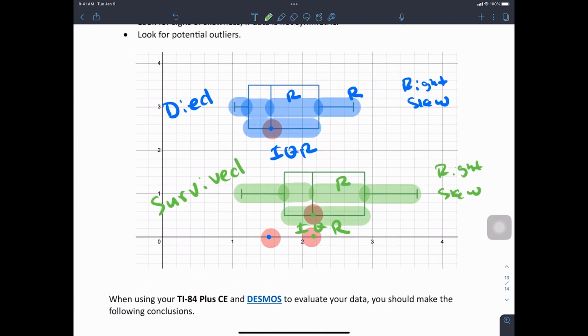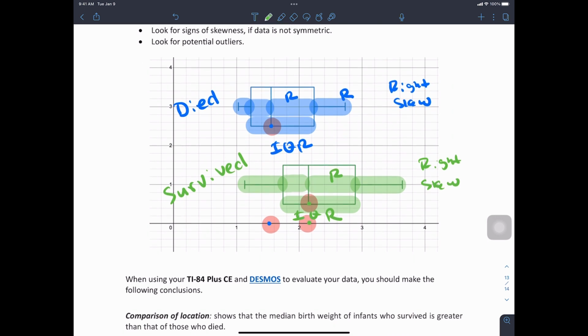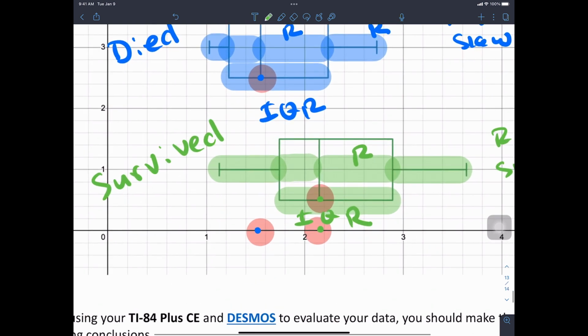I think the survive looks slightly bigger. So what does that mean? A bigger dispersion. It looks like the weights are distributed with a bigger range there. The ones who died have a smaller range in terms of the weights, and they're centered around that value, probably about 1.5 kilograms. You know what I mean?